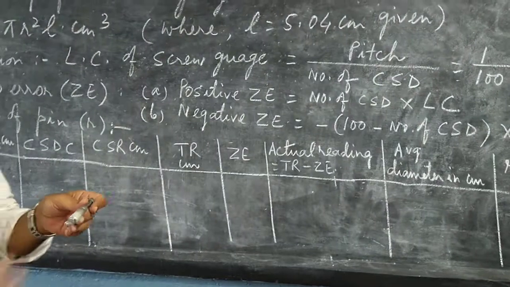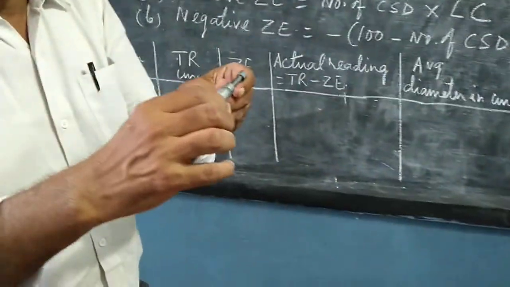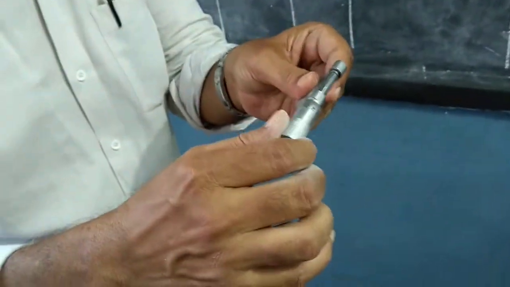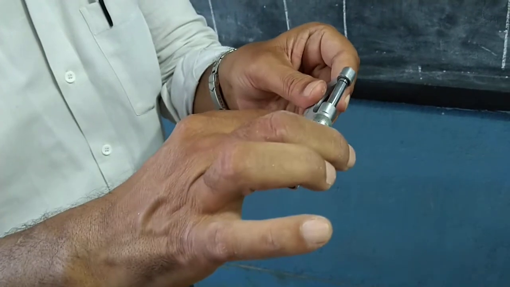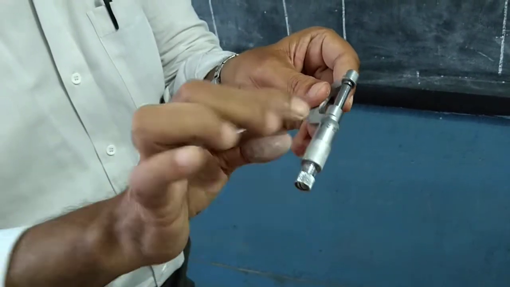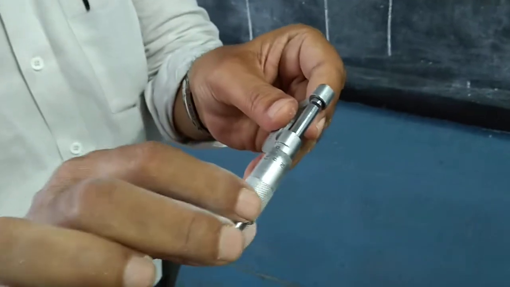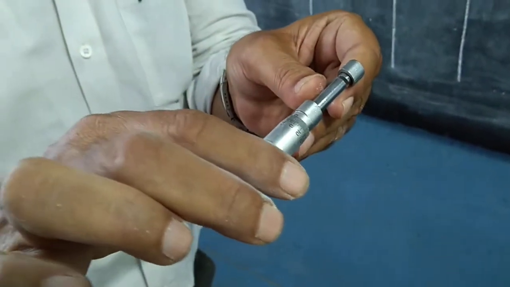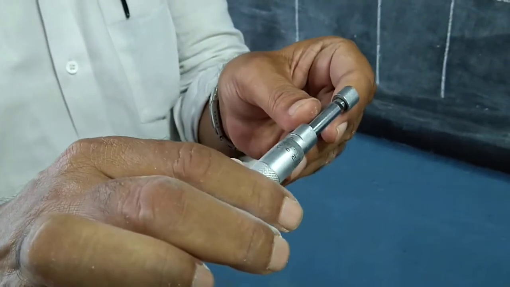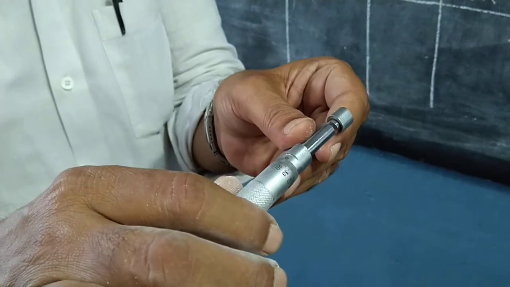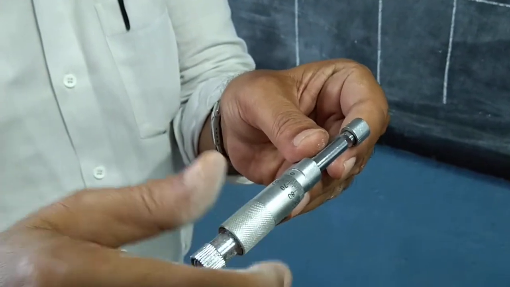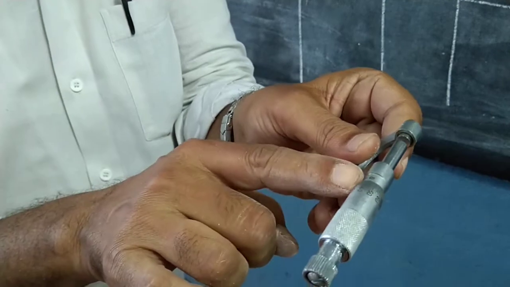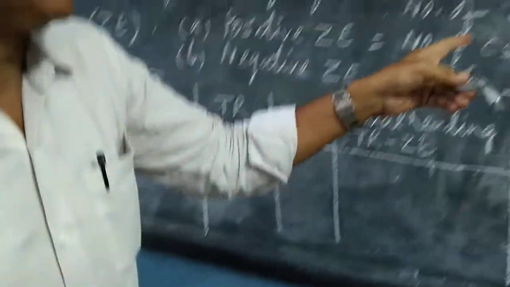Now, what is pitch? When we give one turn to the circular scale, the distance it moves on the main scale is the pitch of the screw gauge. So on giving one turn, that is 0 to 100, it moves one division, that is 1 millimeter.